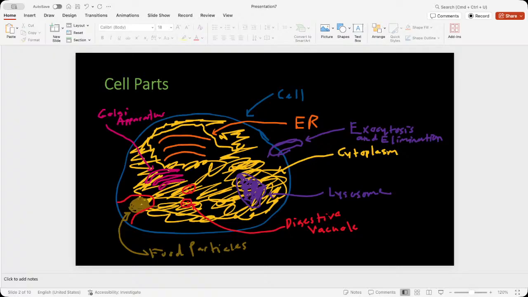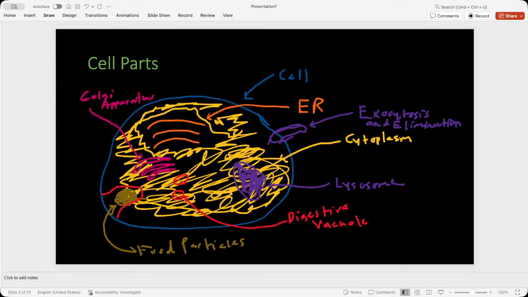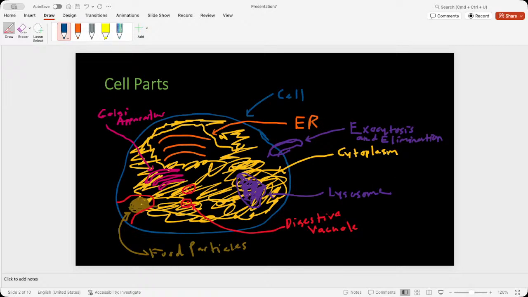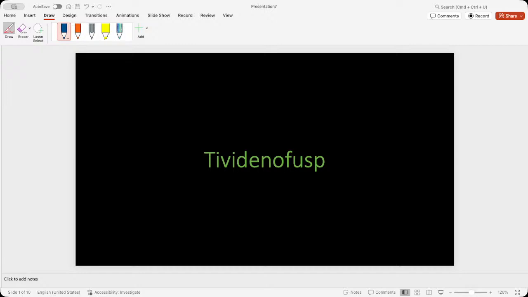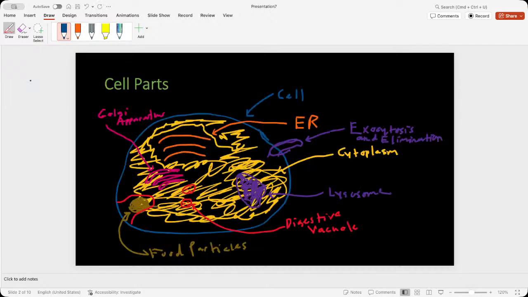You have the lysosome, which is the most important part of this discussion today on this medication, tividenofusp. I'm going to talk a little bit about it because this can be a little bit confusing to some of you all.